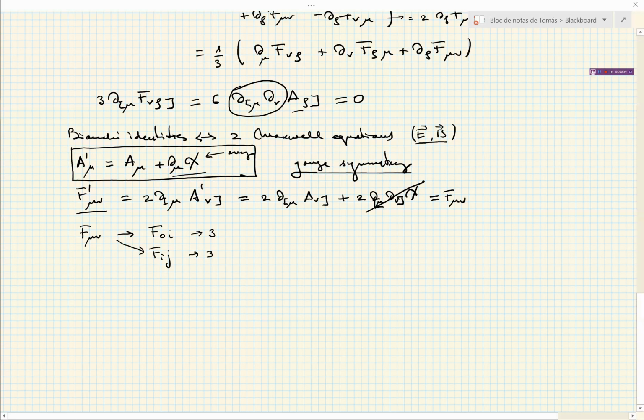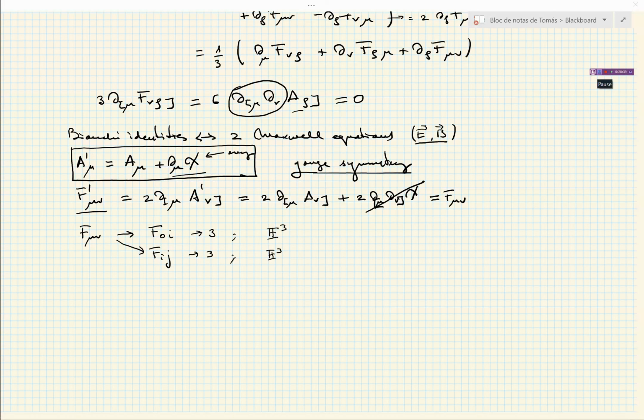The idea is that these 3 components can be associated to a vector, a spatial vector in R3, or if you want in 3-dimensional Euclidean space, better than R3. Okay, how do I do this explicitly?